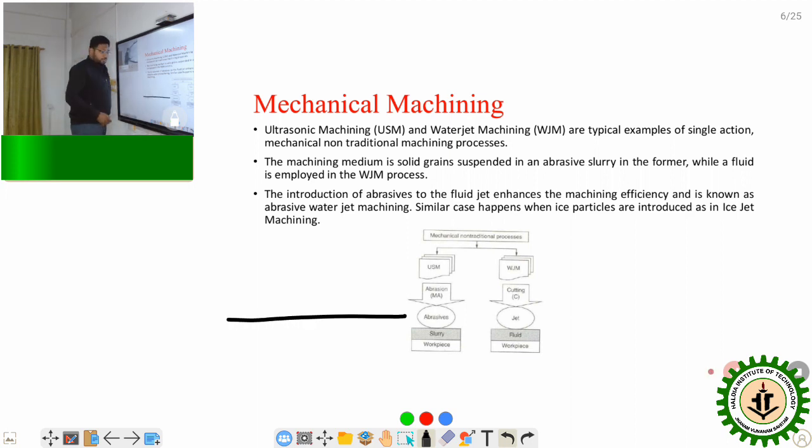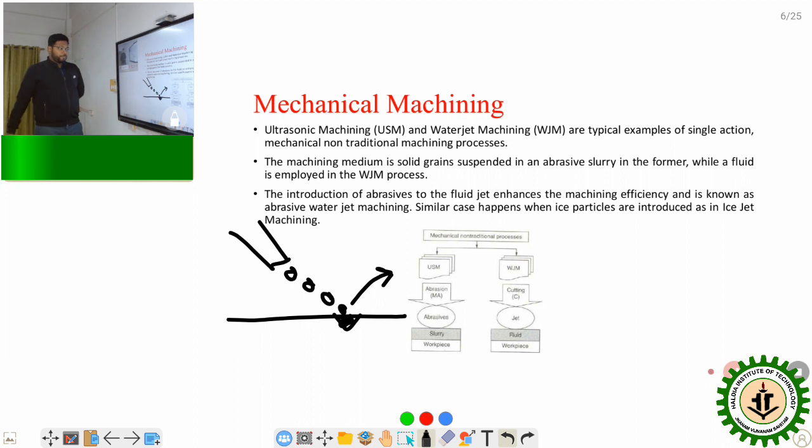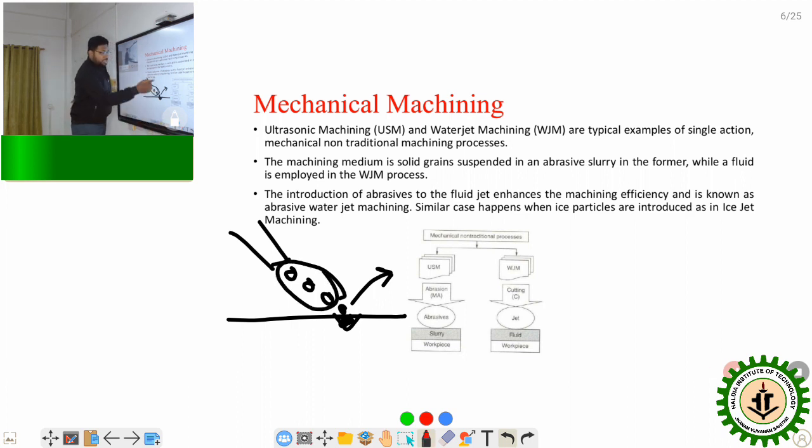Suppose this is a work surface; from a nozzle the small particles strike on the work surface and create a cavity or groove, removing material from the surface, and the removed material is flushed away by the pressure. And in the case of water jet machining, the same principle occurs, whereas instead of abrasive particles, we use a high-pressure water jet.